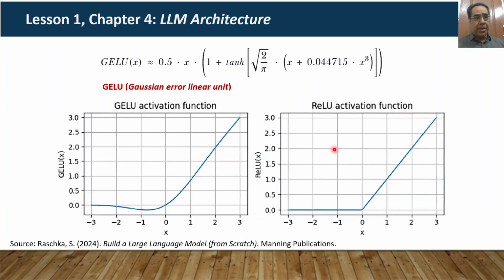ReLU is a piecewise linear function that outputs the input directly if it's positive. Otherwise, it outputs 0. GLU is a smooth nonlinear function that approximates ReLU, but with a non-zero gradient for almost all negative values.